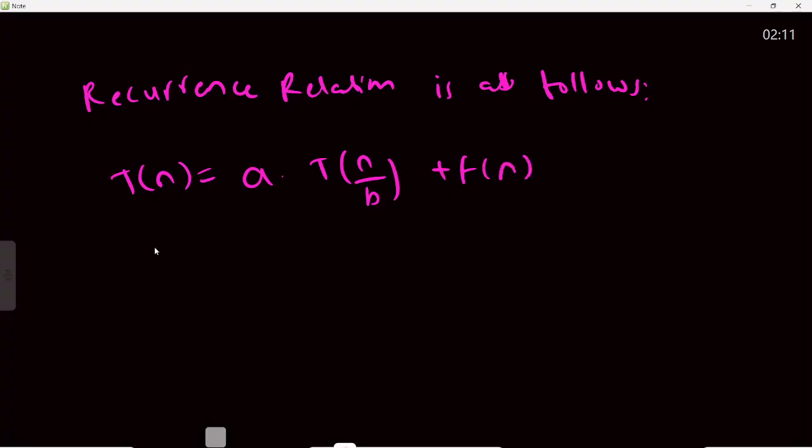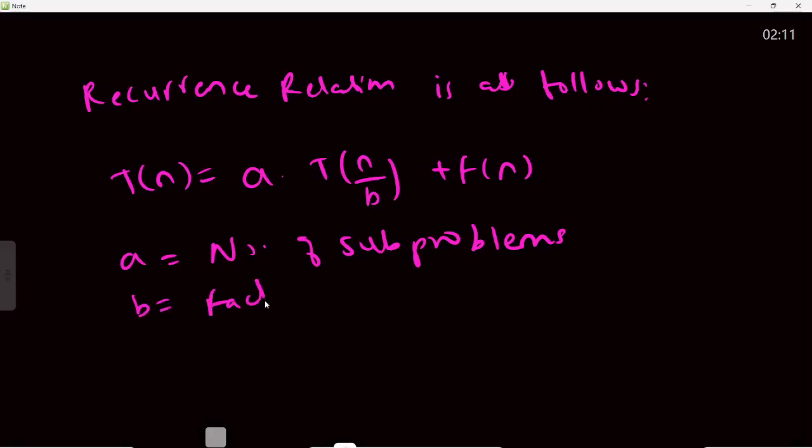Now what is this a? A is equal to the number of subproblems. And what is b? The factor by which the problem size reduces.